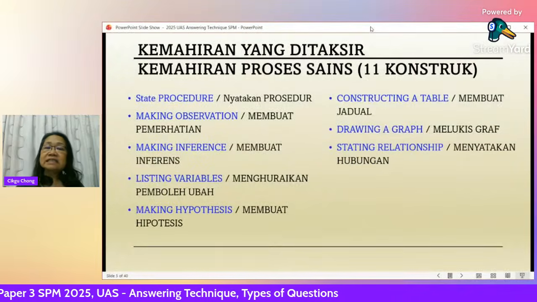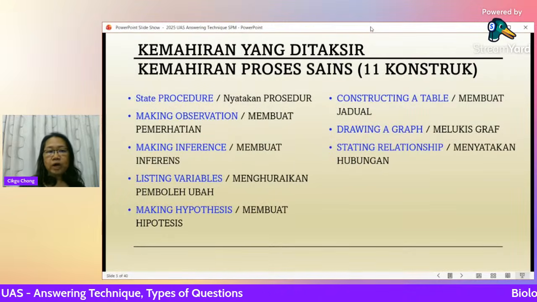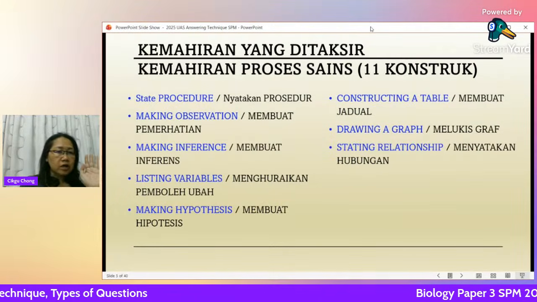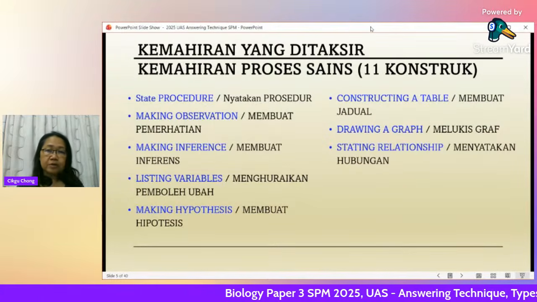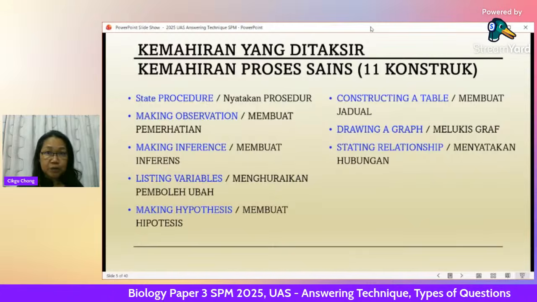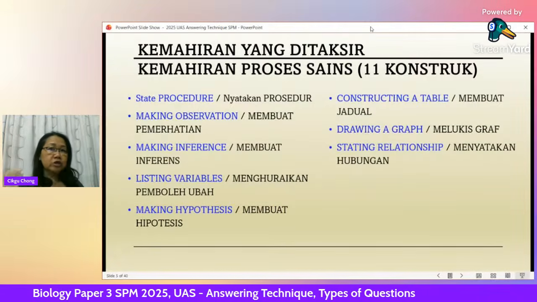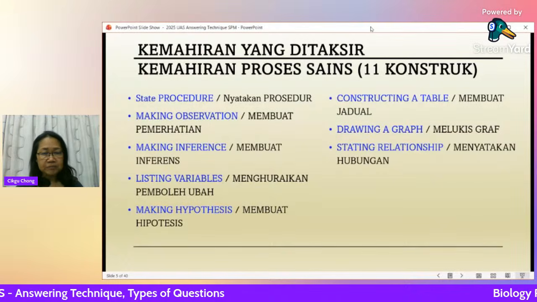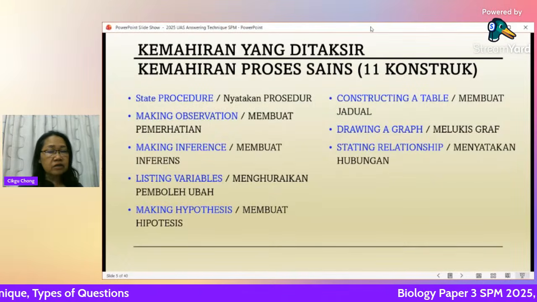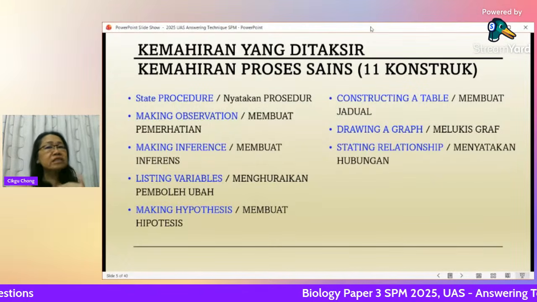Next, state the relationship based on the graph. What is the relationship of your MV and your RV? Normally, in an experiment, when you state a relationship, it is a relationship between your MV and your RV. When your MV changes, how does it affect your RV?